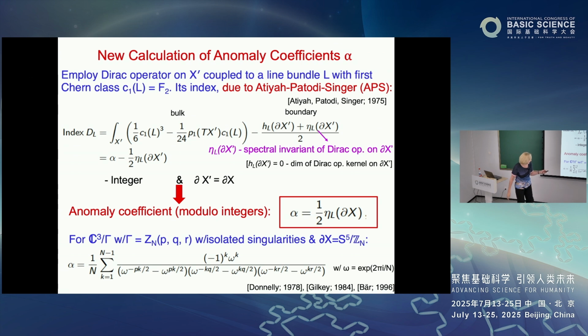And it so happens that for orbifolds with isolated singularities that I was highlighting, so with the weights in each of the planes, P, Q, R, and this boundary, we can get the Eta invariant precisely calculated. At the end, this is really the work of Bär when applied to this case.